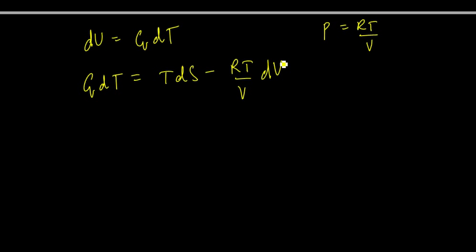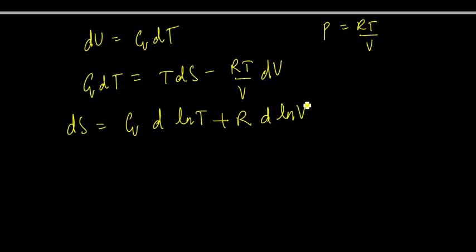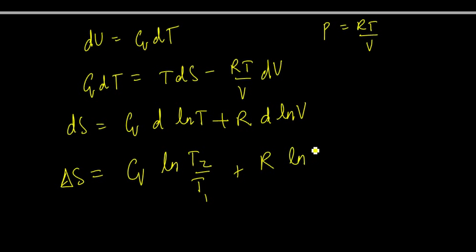And from here I can get a general expression for dS equal to Cv d log T plus R d log V, and if I integrate it, I get the value of delta S is equal to Cv log T2 by T1. You've already seen this, plus R log V2 by V1.